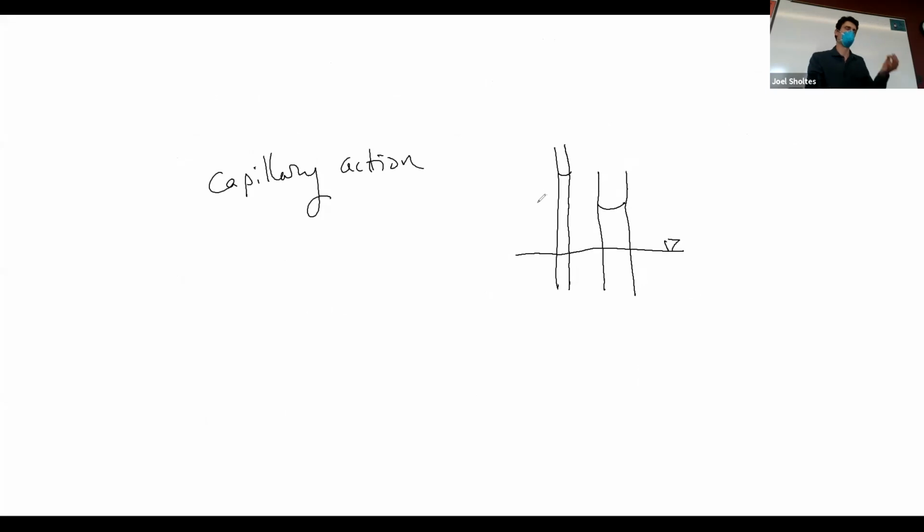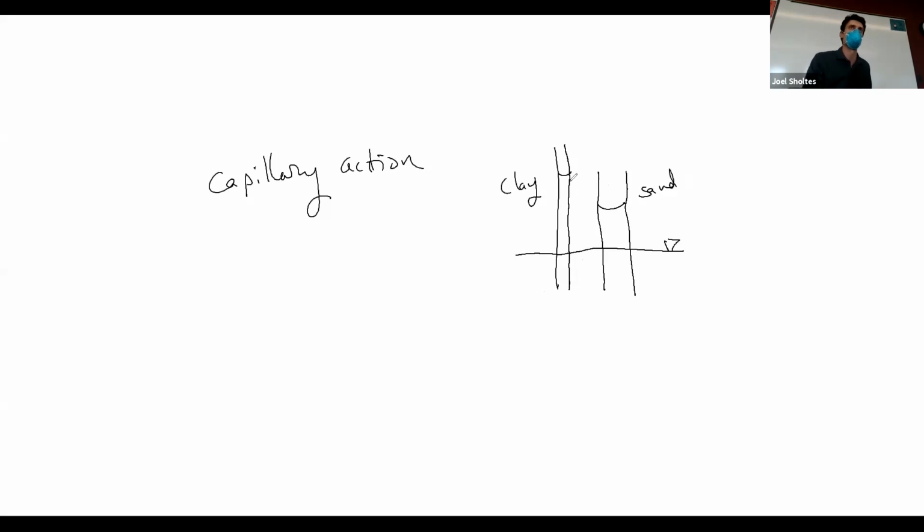That's just the way capillary action works, and we can go back to hydraulics and talk about why. So this could be clay and this could be sand. If you have a clay, the capillary fringe is going to be higher in a clay than in a sand, because you've got those narrower straws that draw the water up higher.